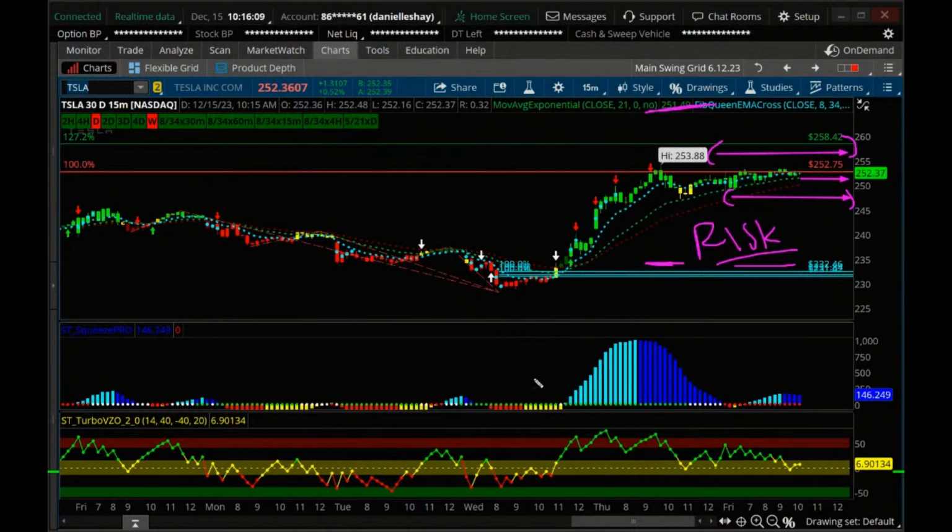So there's a lot of different ways you can actually set it up, and that's going to depend on your size account, what works for you, your overall analysis. I personally, when I'm setting up these condors, I like to give myself an optimal risk to reward scenario. I see people come in and they'll risk three to make one.